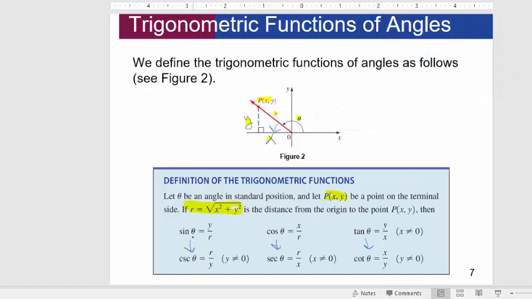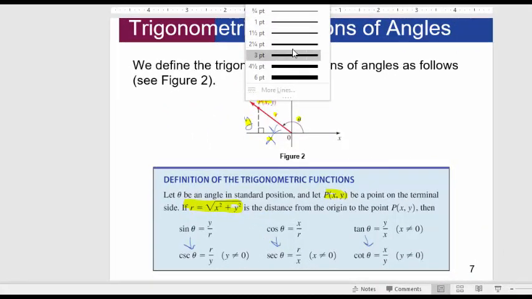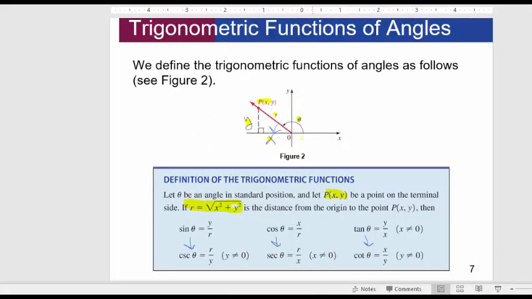But since sine was positive, that means that cosecant is going to be positive because it's a reciprocal. Since cosine was negative, that means secant is going to be negative. And since tangent was negative, cotangent is going to be negative. So in the second quadrant, what's going to happen is just the sine and the cosecant are going to be positive values.